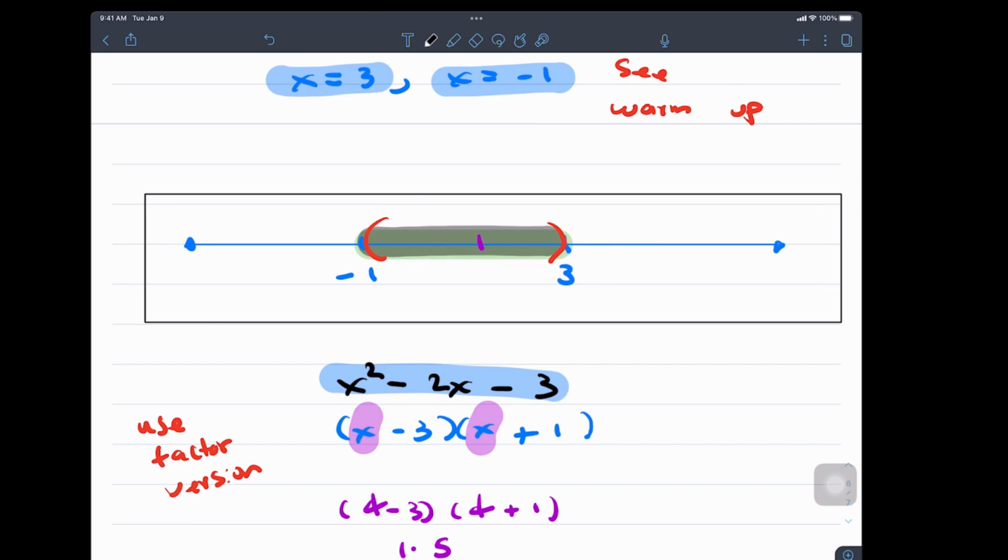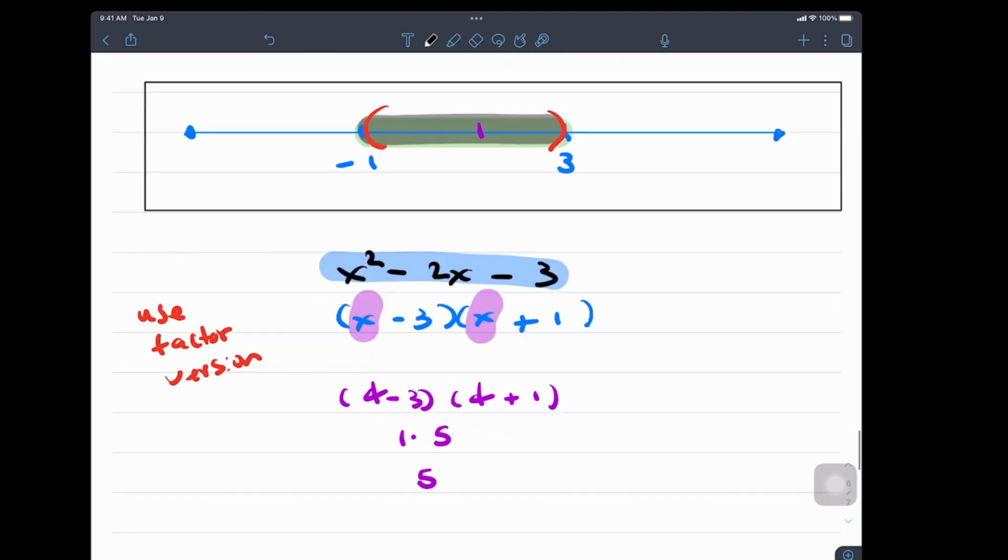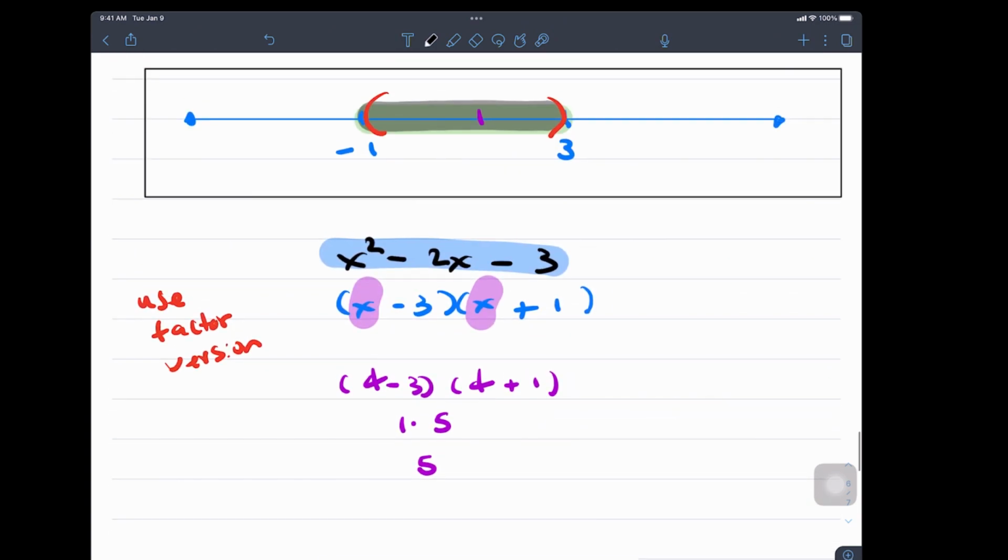It's really region 2 with those parentheses. Okay, you guys okay with that one?